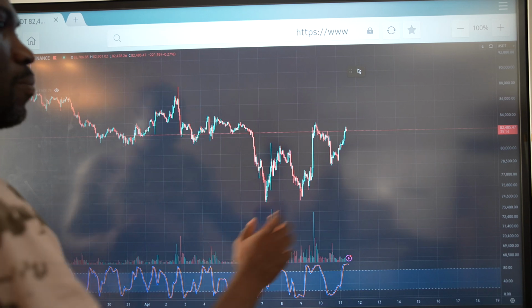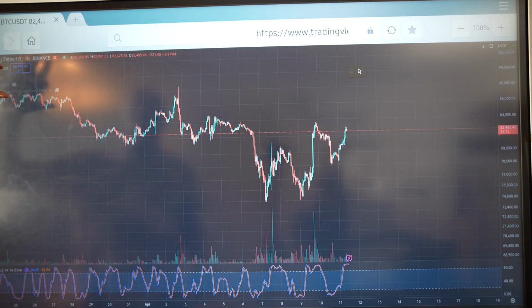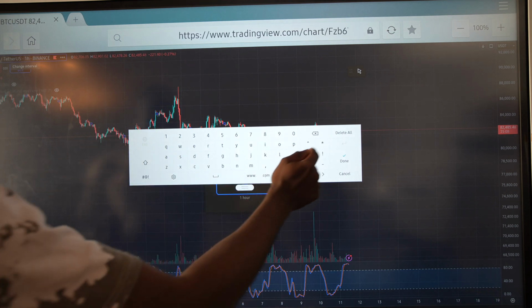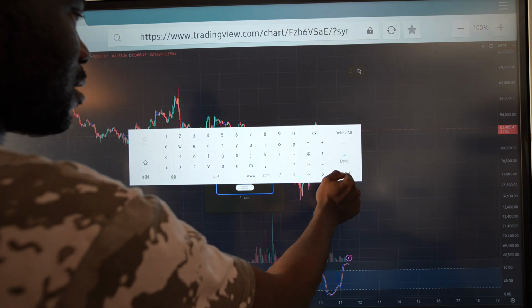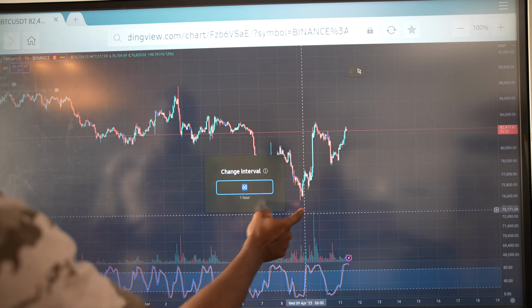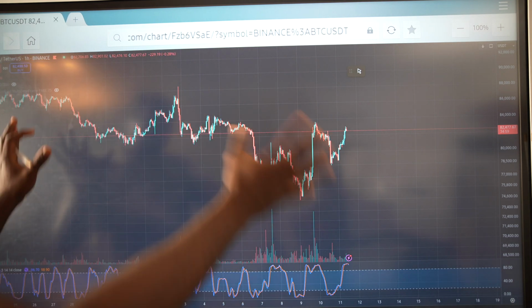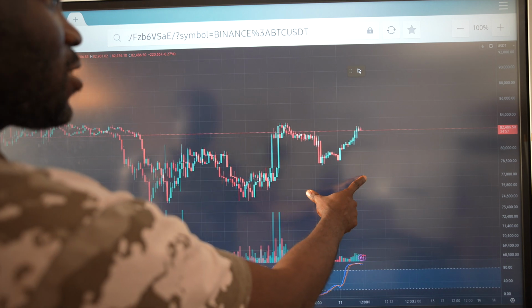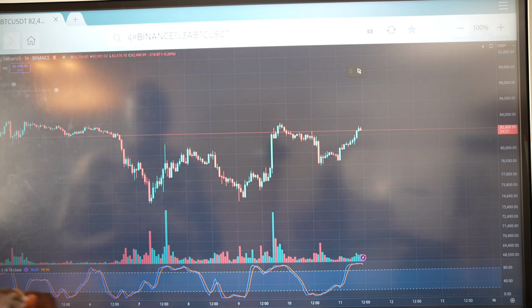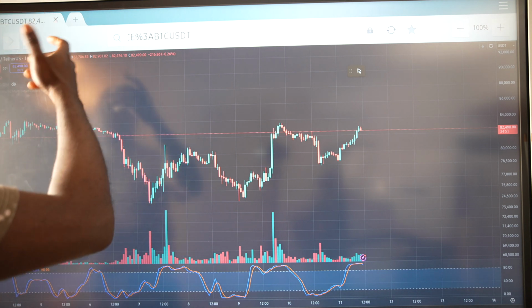All right, so when you have it in any time frame, each candle represents the size of the time frame you're looking at. So for example, this one is a 1 hour time frame, which means every candle you see here carries information for 1 hour. But we're going to go to a higher time frame.